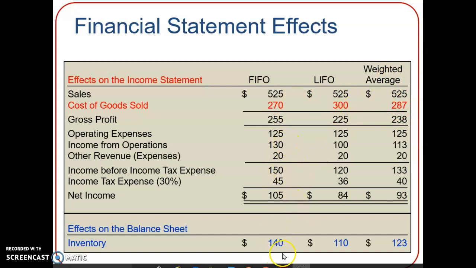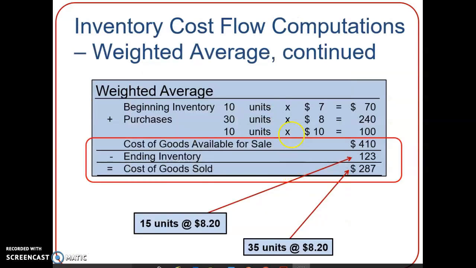Alternatively, if we look at the ending inventory, the cost of ending inventory, because the unit price was constantly going up, and under the FIFO assumption, remember the ending inventory comes from the newest or the most recent purchases.